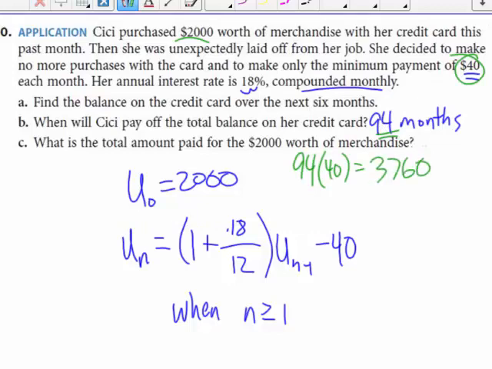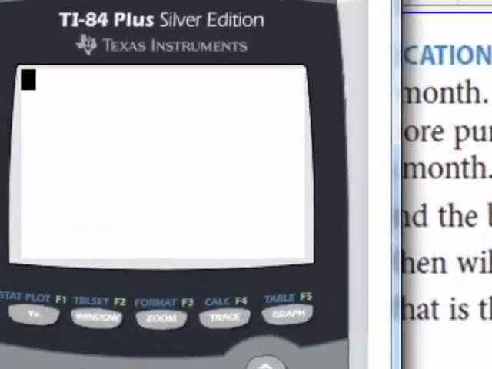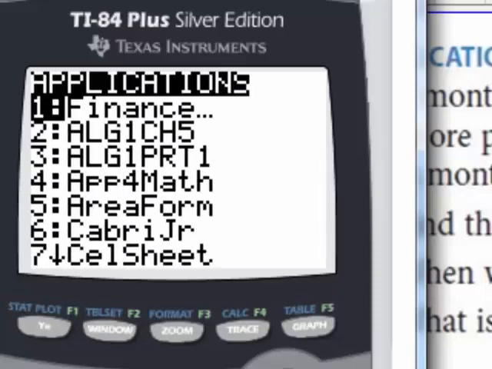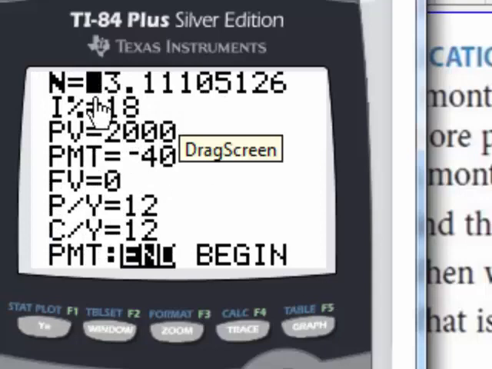$3,760. But guess what? That last month, remember you had 93 payments of $40, right? But then that last month wasn't quite 40 bucks. You didn't have 40 bucks left on your bill. Because if you look at the number of payments you made, you made 93.11 payments.